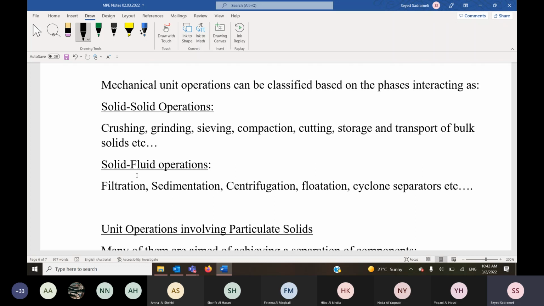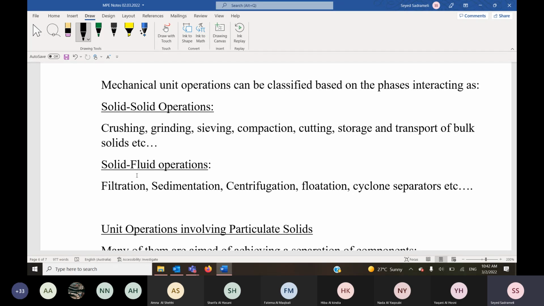In the solid fluid operations, we have filtration, sedimentation, centrifugation, flotation, and cyclone separators. So in this system, we have a mixture or a solution of solid and liquid together. To separate solid from the solution of solid and liquid, you have to send them through filtration.